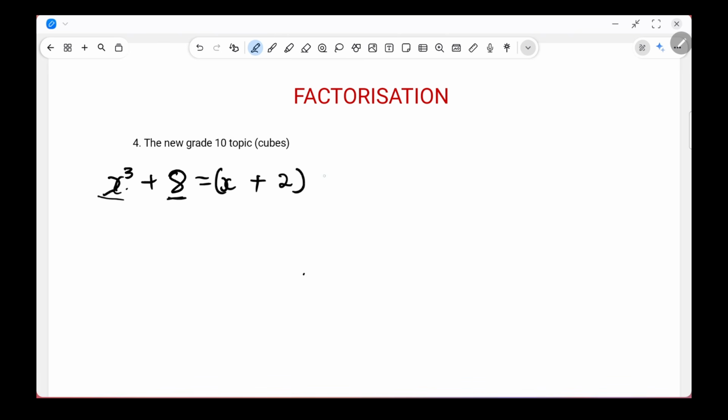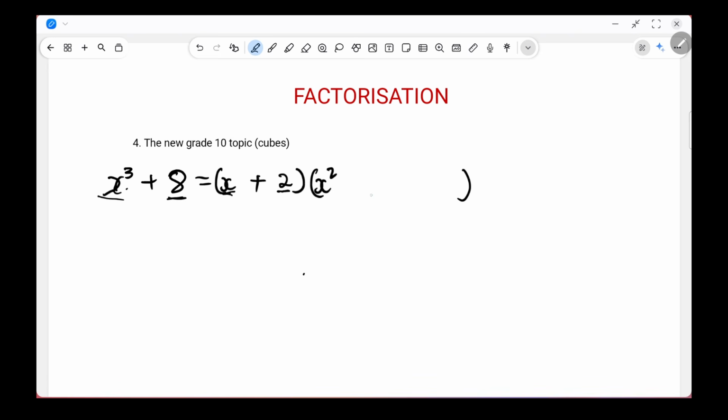Then we open the big bracket, we will square the first term, it's x squared. And then we will multiply x by 2, and we keep the opposite sign of the original equation.